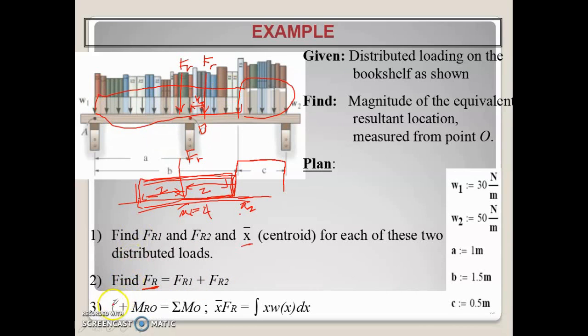Then step 3 is to find the moment resultant of the whole system, using the equation that the moment resultant is equal to X bar multiplied by F resultant, so find the X bar. This X bar is for the total moment resultant and the total force resultant. So where is the location of X bar?